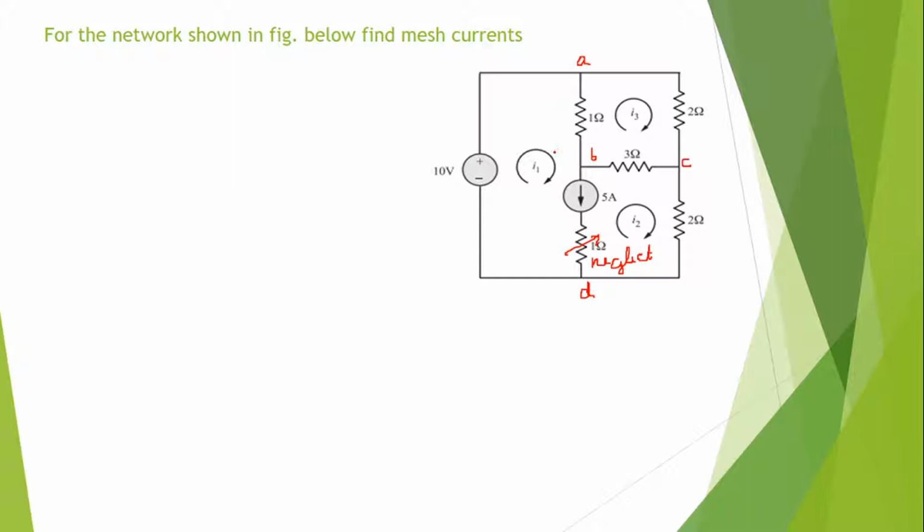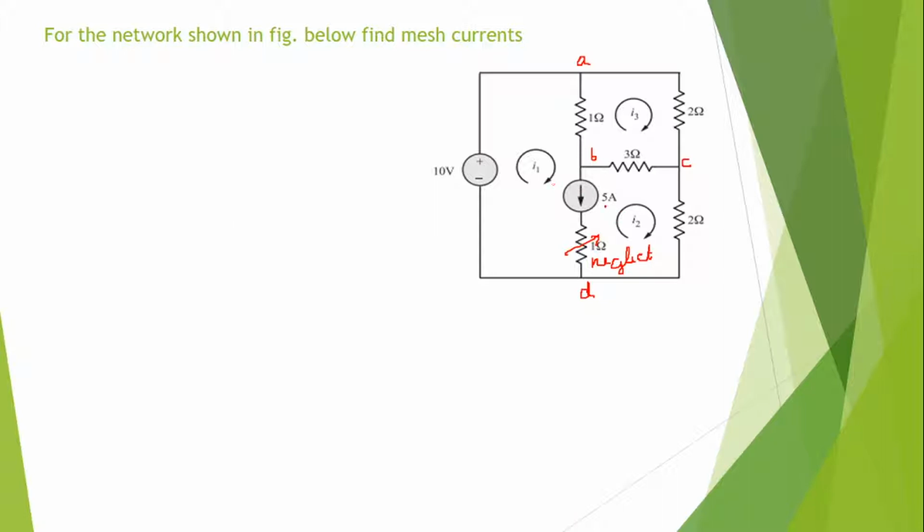Now to apply KVL to the meshes, before that we need to check: is there any ideal current source present in a branch? Yes. Here an ideal current source is present in the branch B to D, and in this branch current flows from B to D. It is common to mesh 1 as well as mesh 2, mesh I1 as well as mesh I2.